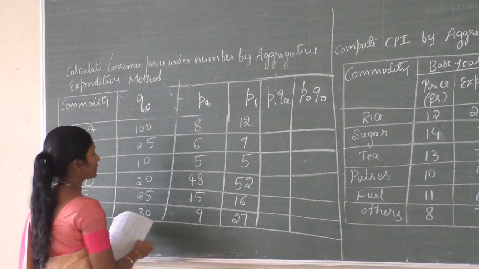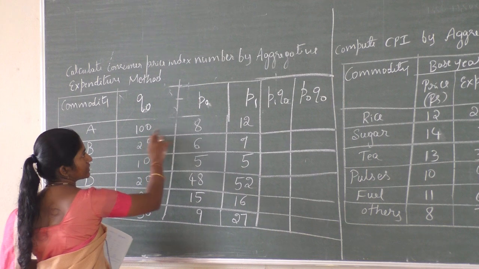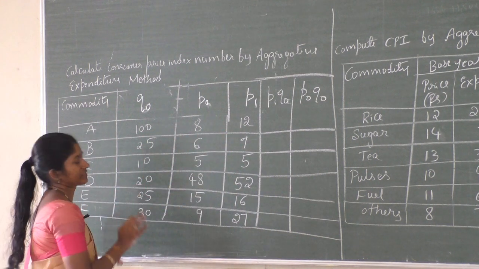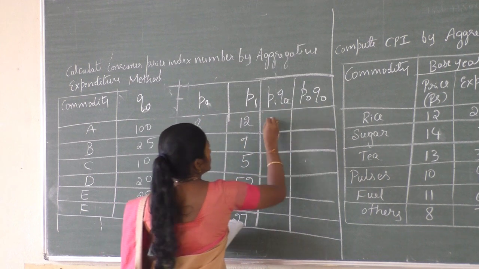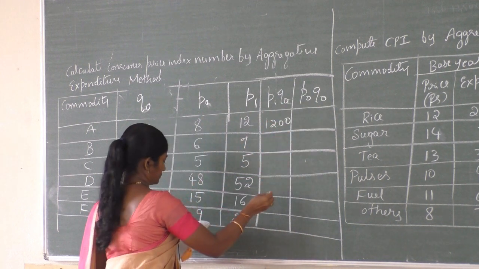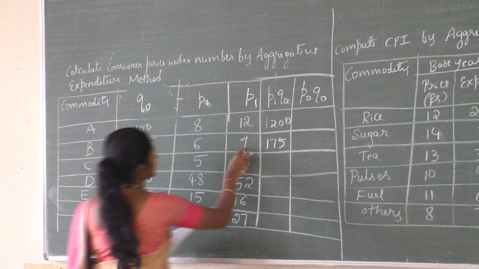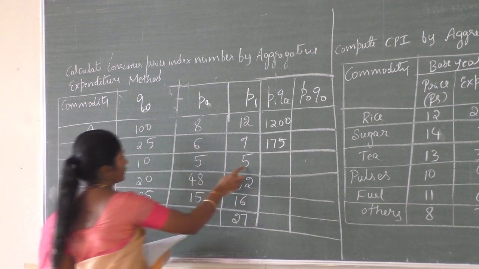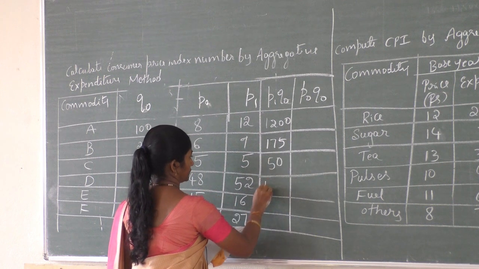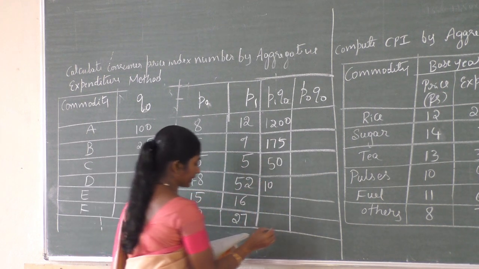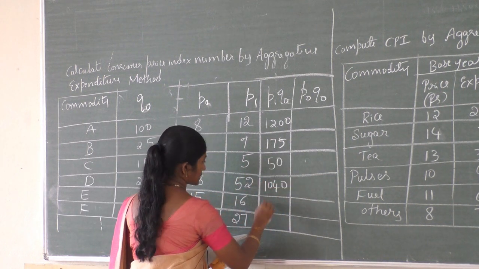Here P1 Q0: P1 is this one, multiply these two. Our answer is 175, that is 7 into 25, 5 into 10, like that. Go on, multiply like that only. We will get this answer.